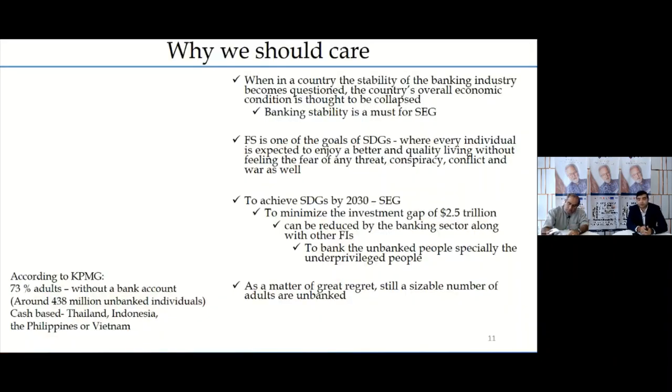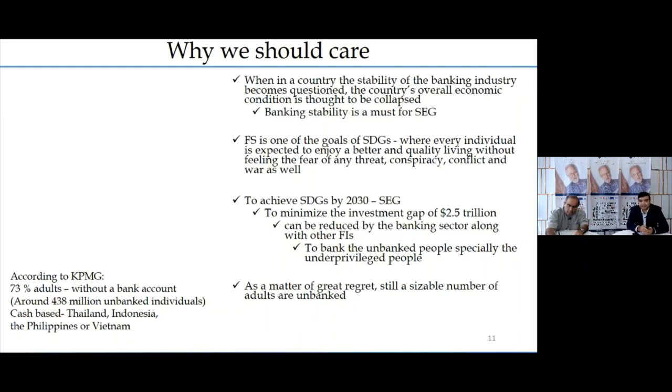Okay, so why should we care about this study? As we know, in a country, the stability of the banking industry is becoming very questionable, especially during this pandemic. And if it's questionable, then the country's overall economic condition is thought to be close, because banking stability is a must for sustainable economic growth.